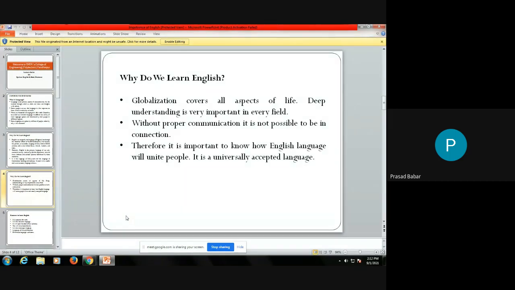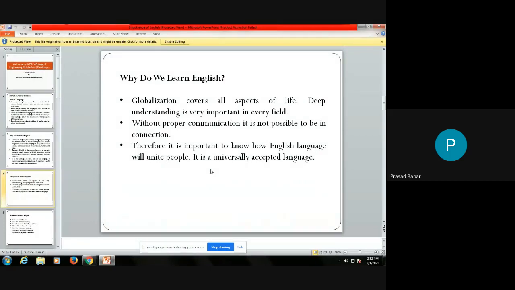All the people from one corner of the world to the other or opposite corner can speak or communicate with the English language only. And that is why it is the universally accepted language. So that is why we learn English.